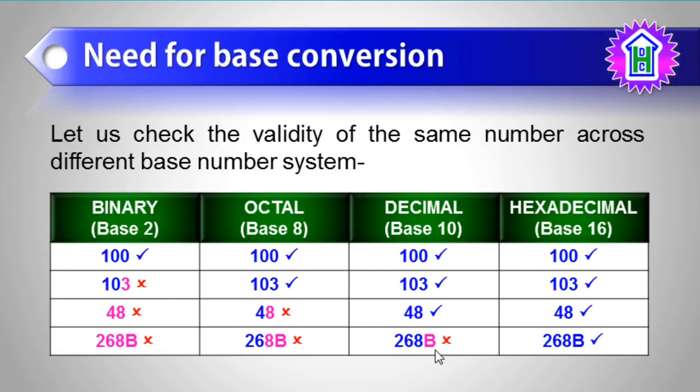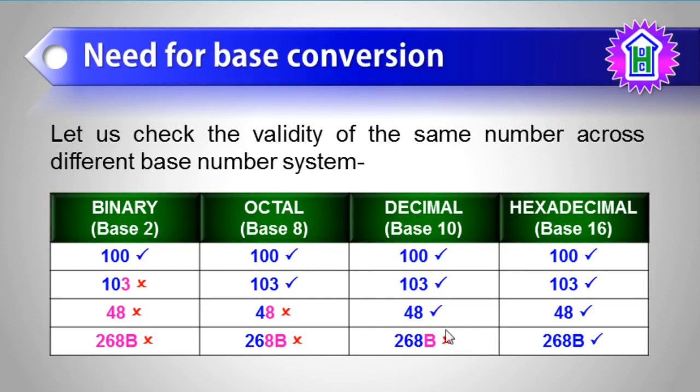For B, it becomes invalid in decimal. But in case of hexadecimal, 268B is a valid hexadecimal number. So this is how we can identify a particular number in different bases, and you can tell whether these are valid to be written in that number system or not.